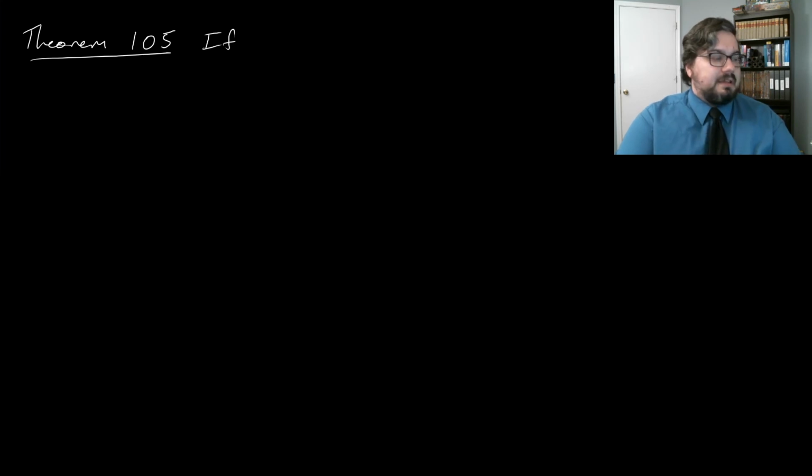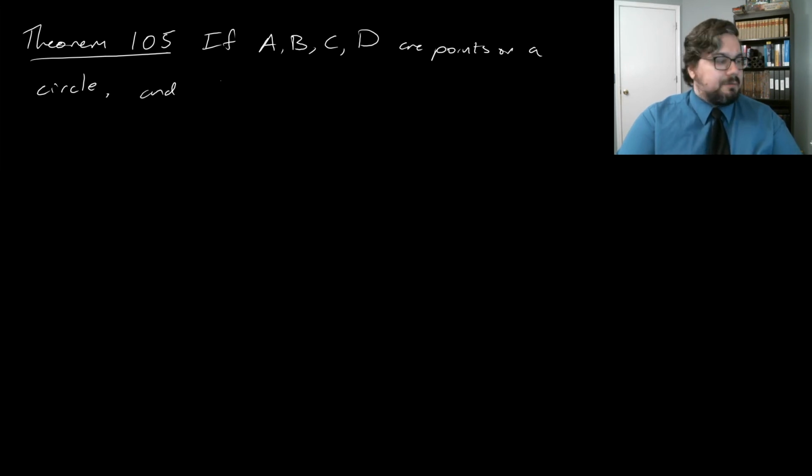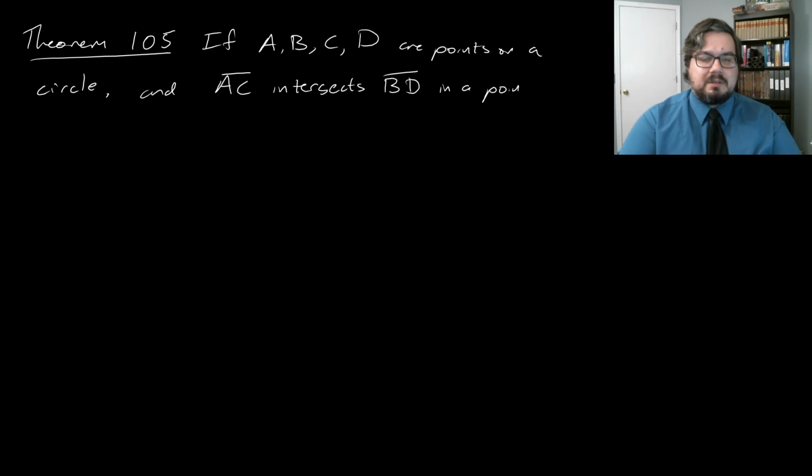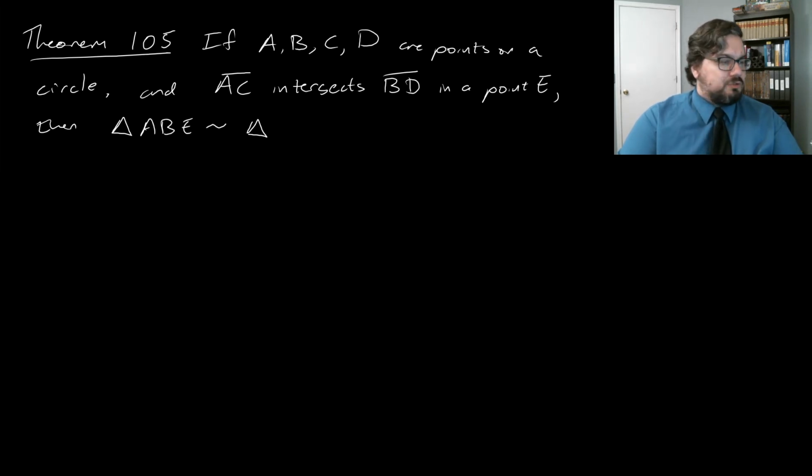If A, B, C, and D are points on a circle, and if the segment AC intersects the segment BD in a point E, then the triangle ABE is similar to the triangle DCE.